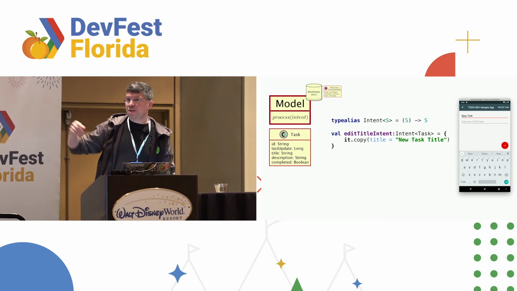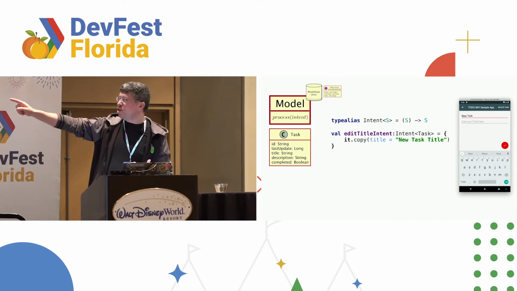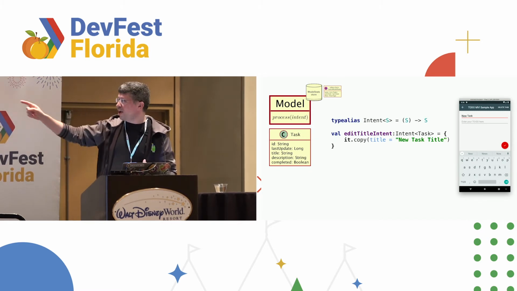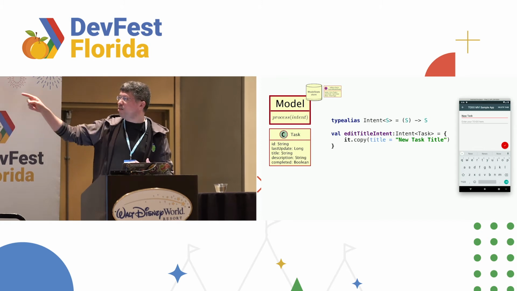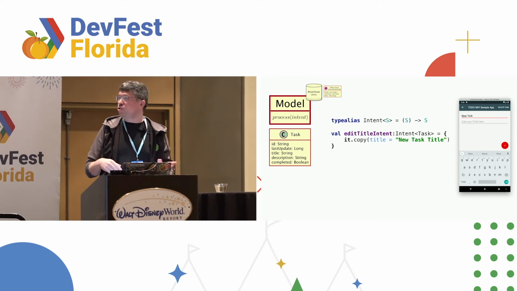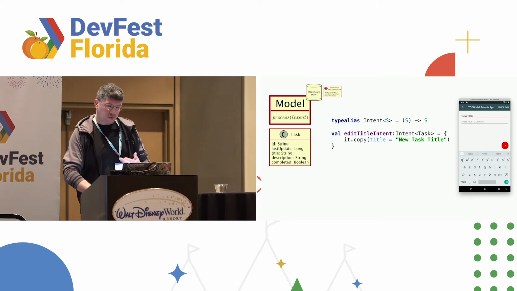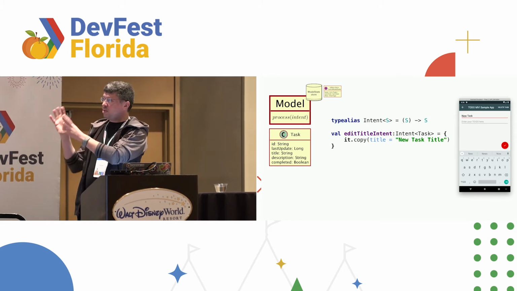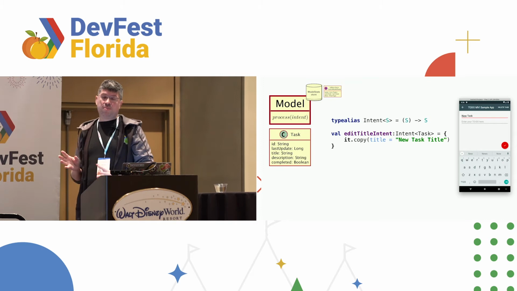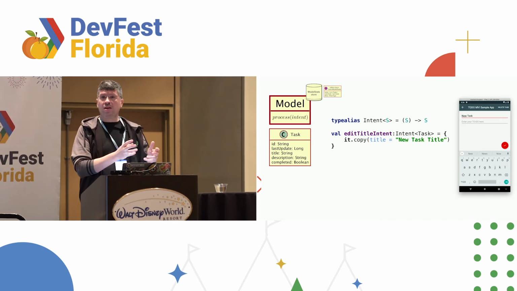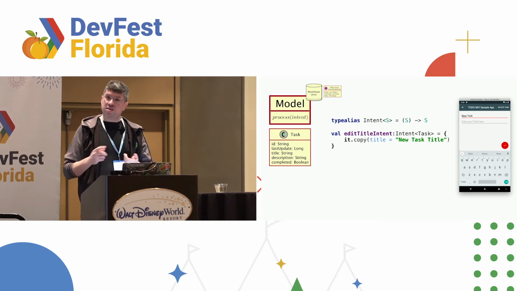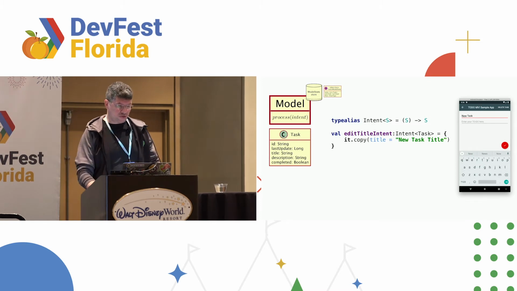It copies everything that was in the old task, only changes the title of it to a new task title. And what comes out of this intent is a new piece of state. The old task with the title modified, and we hand that back off to the system. So this is seemingly simple, but that's the core of the pattern. This idea that you take an old thing and you generate a new one, and it's immutable, and you're not mutating it, et cetera, et cetera.